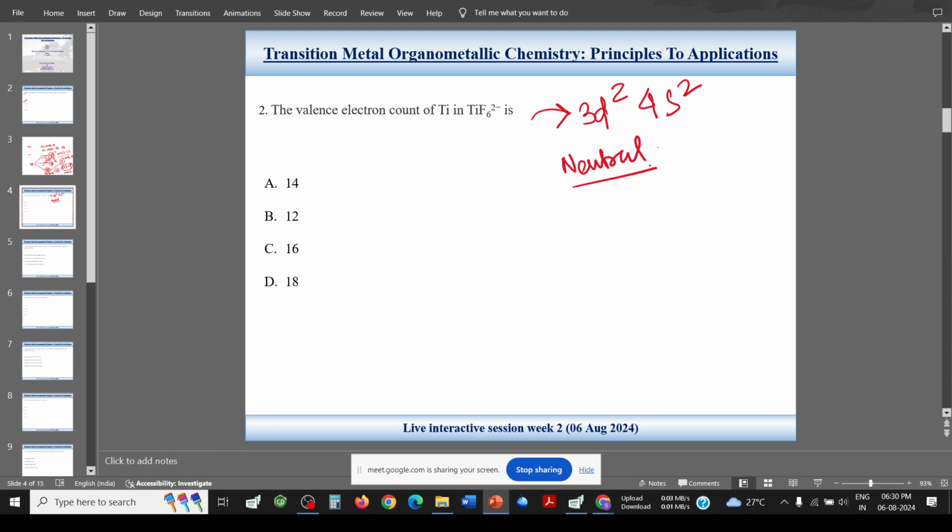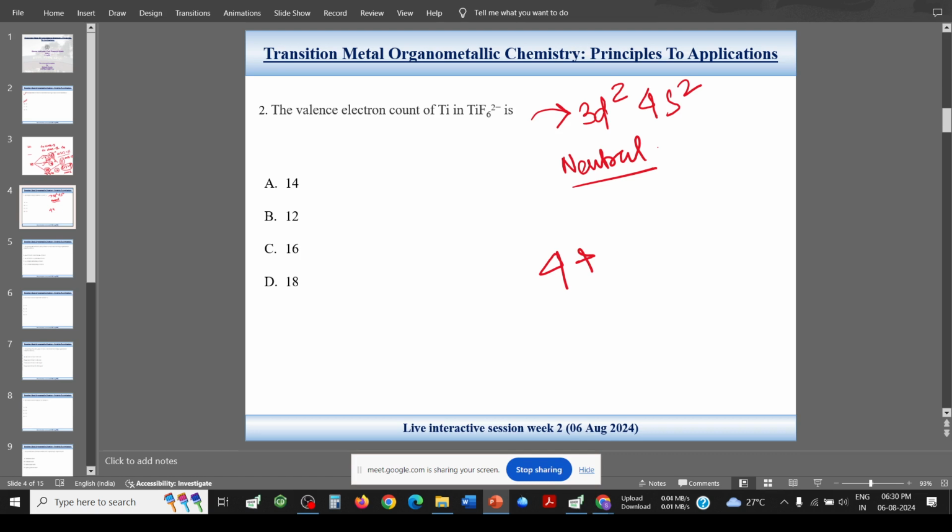Ti has 3d2 4s2. Total number of electrons is then 4, so it is a d4 system. Then F will contribute 6 electrons, as we have seen in the last lectures also, that the halogen will contribute 1 electron in the neutral method.